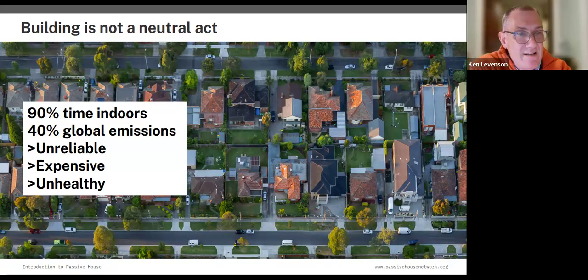And as such, they can be pretty expensive to operate and own. And they can lead to pretty unhealthy outcomes. So Passive House is really taking on all of these things and trying to provide a high quality product at the end of the day, if we could put it that way.